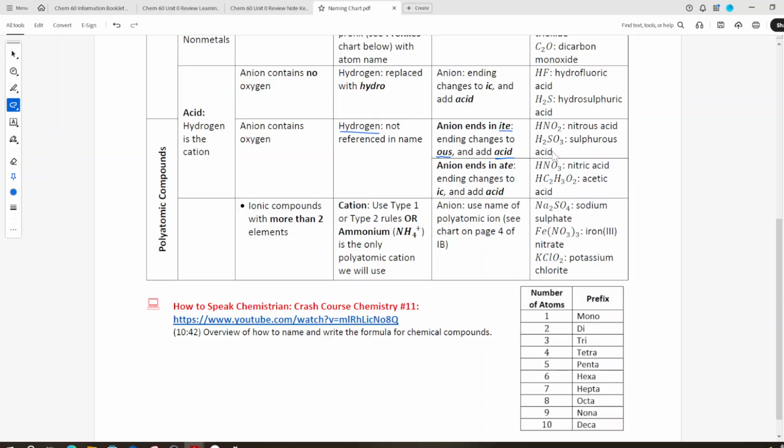If the ending is an ate, something like nitrate, NO3, you would change the ending to nitric acid. So again, drop the hydrogen, ate goes to ic, and put acid. There's this little saying that kind of goes with it. So I ate it, and it was icky, right?